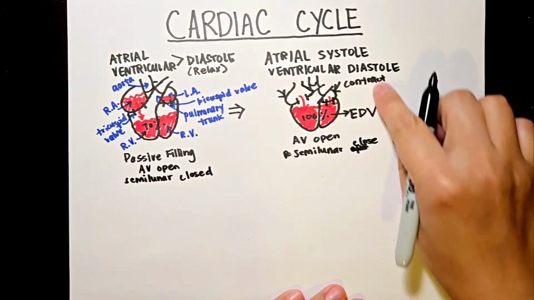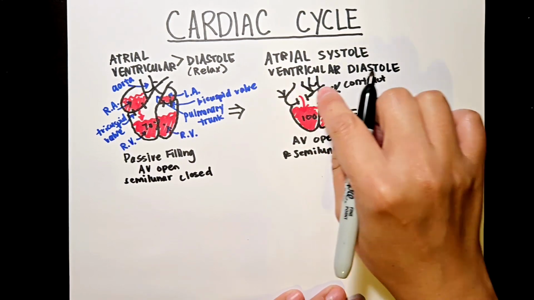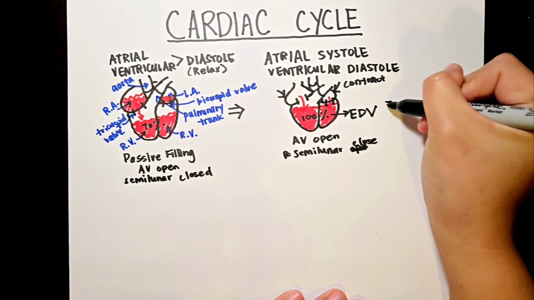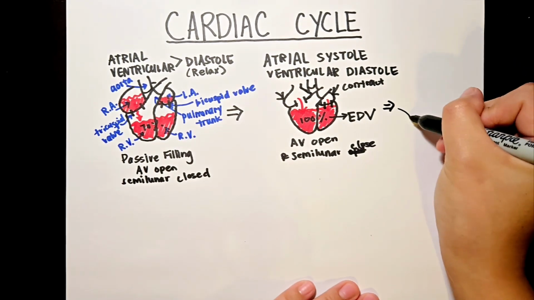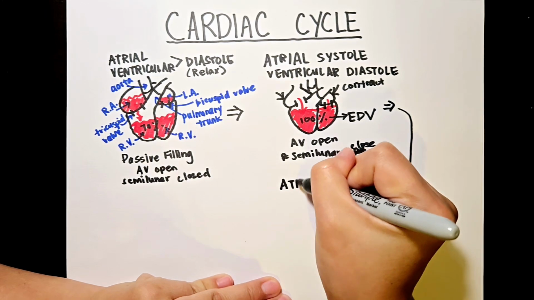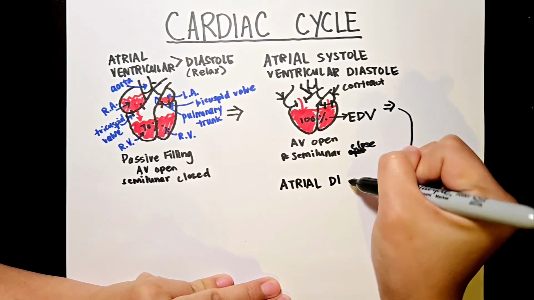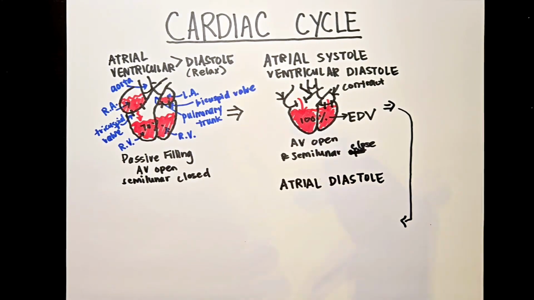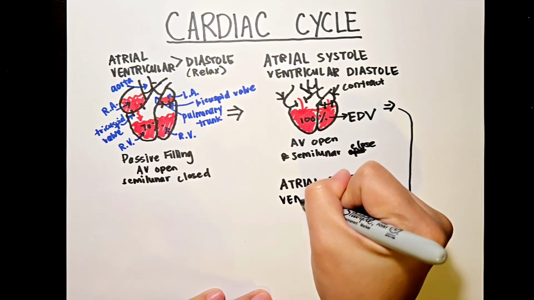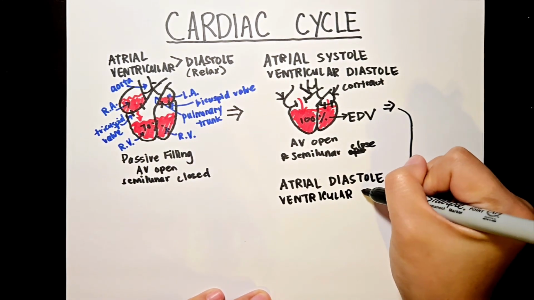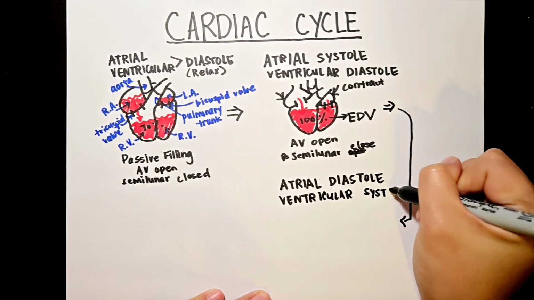Now, after atrial systole is complete, pushing all of the blood from the atria into the ventricles, the atria will then undergo diastole, because they've done their job and now are just relaxing for the rest of the cardiac cycle. Your ventricles, however, now it is their turn for undergoing ventricular systole.